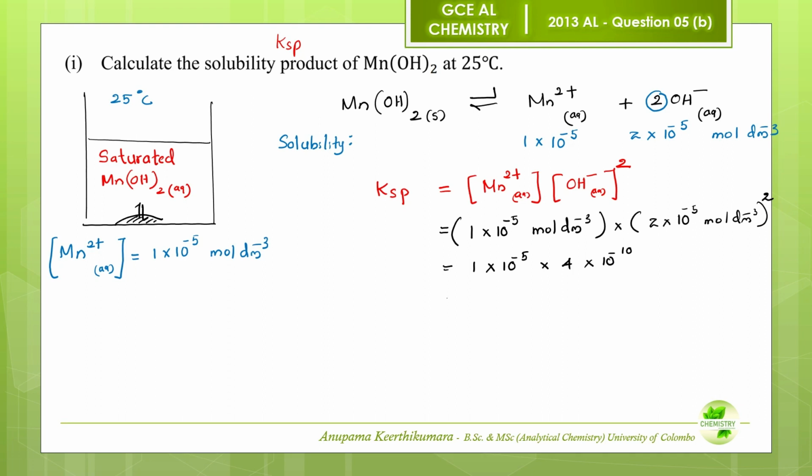Therefore, Ksp of manganese hydroxide at 25 degrees Celsius is 4 times 10 to the negative 15th mol cubed dm to the negative 9th.